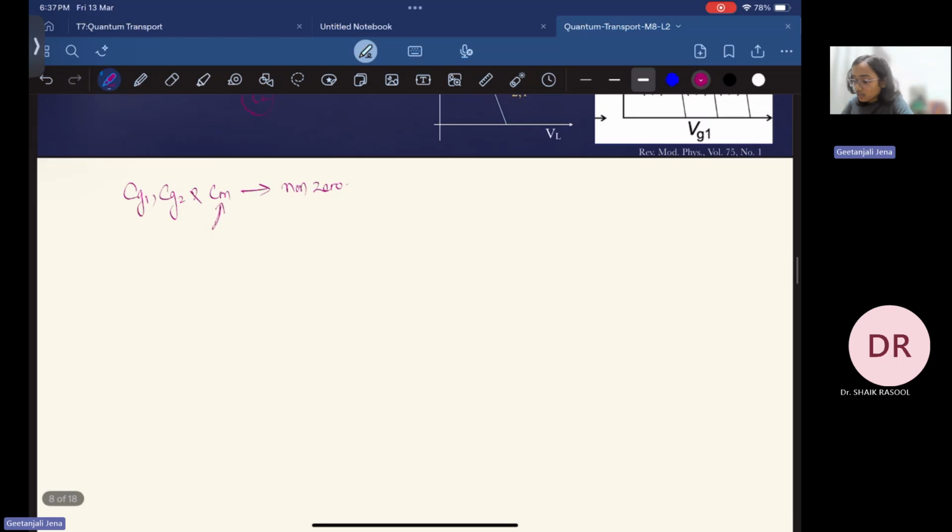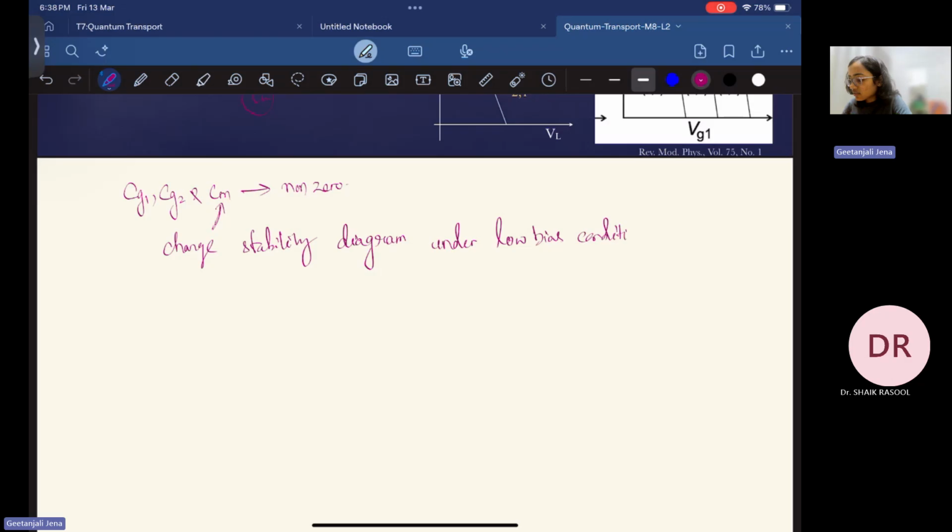So if I summarize all this for the low bias case, the charge stability diagram for the low bias case. Don't confuse between low bias and large bias, there is a large difference between them.